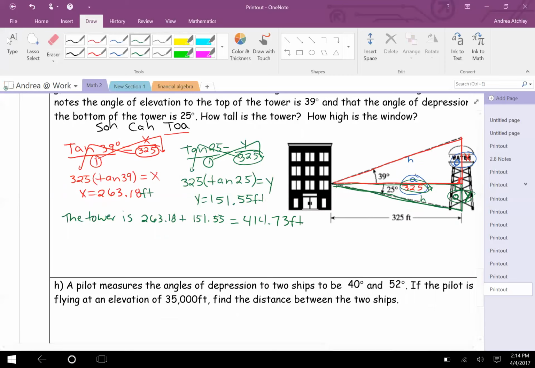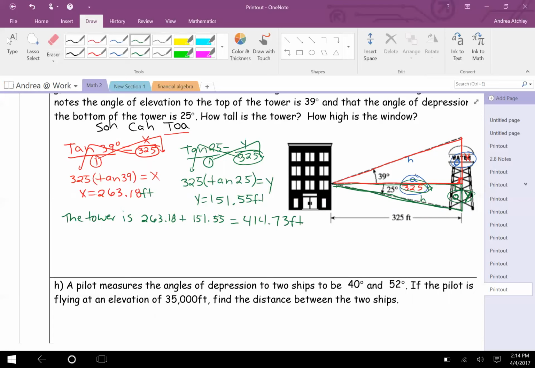Okay, then it asks us how high is the window? What value will give me the height of the window? Yeah? It's the y value, right? It's this distance here.